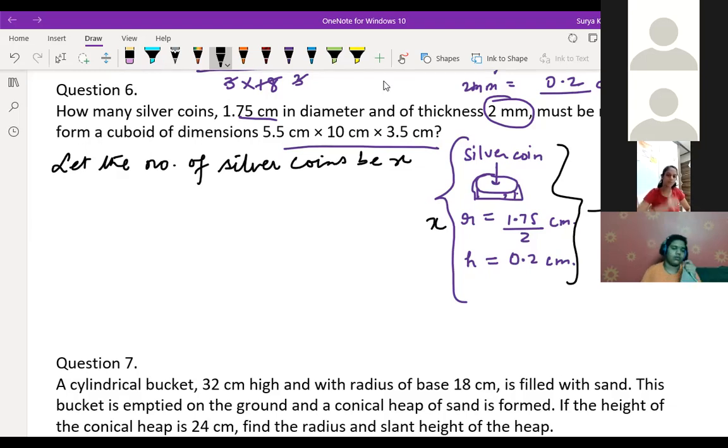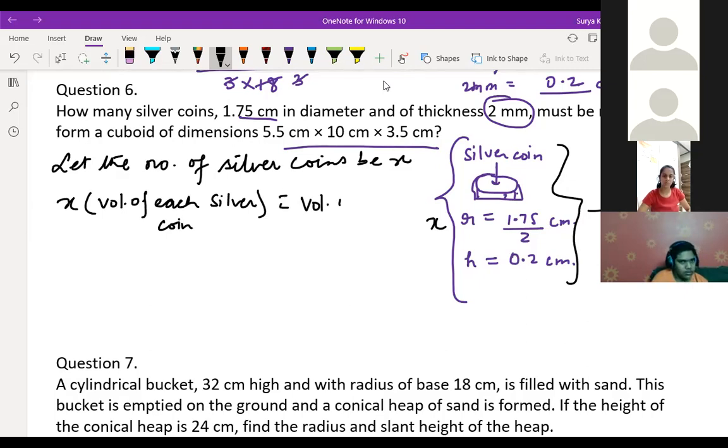So this whole volume of silver coin into x. So you can write here x into volume of each silver coin is equal to volume of cuboid. Volume of cuboid. This is clear, children? Okay.